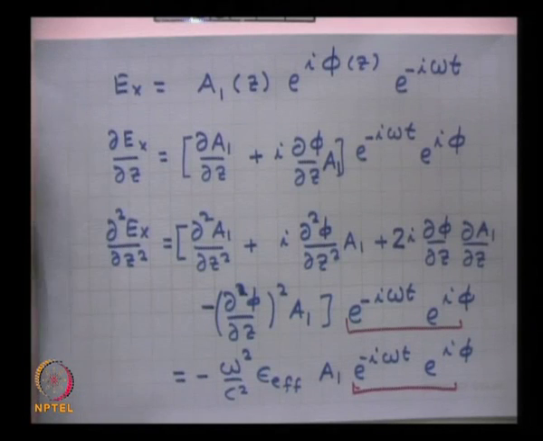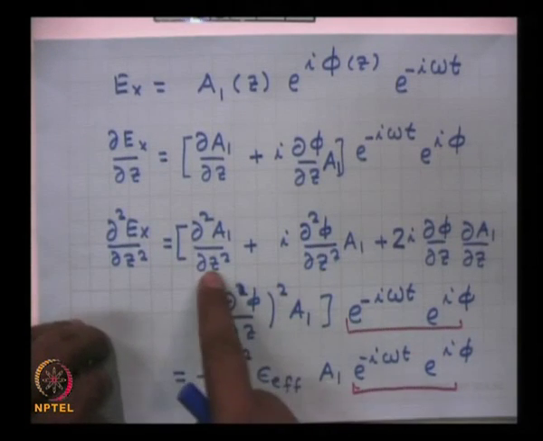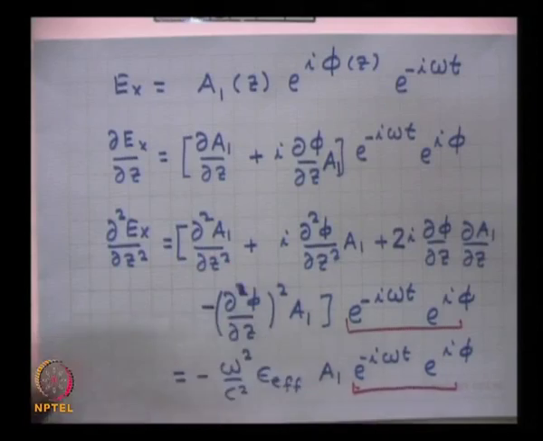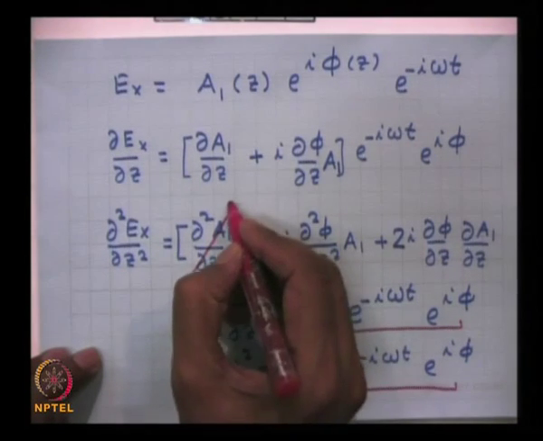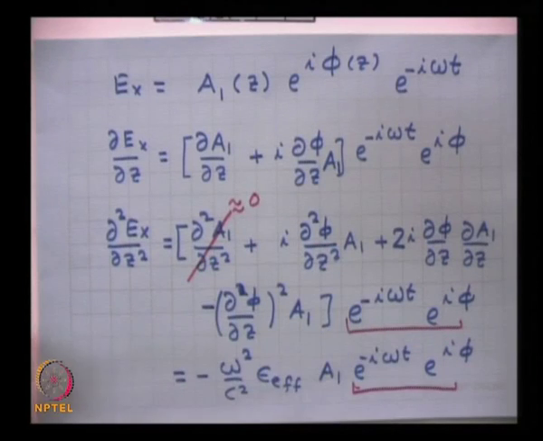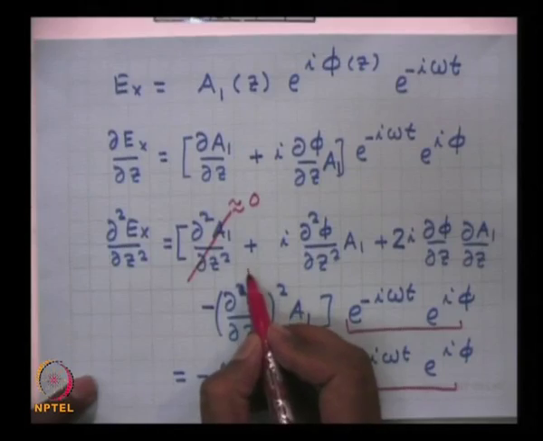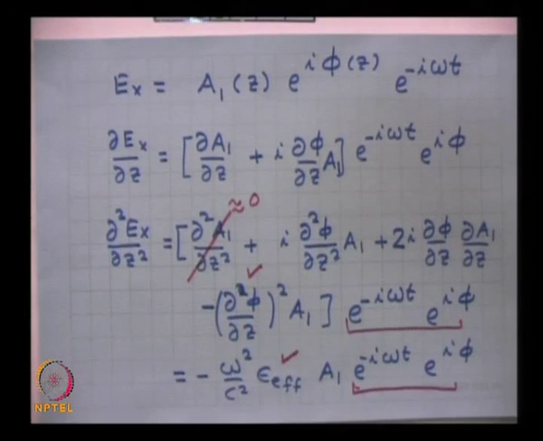So what you get on equating the real part, this term I am ignoring. This is called the WKB approximation, so ignore. So the real part is simply this term, equate this term to this term, and the imaginary part is this term plus this term is 0.